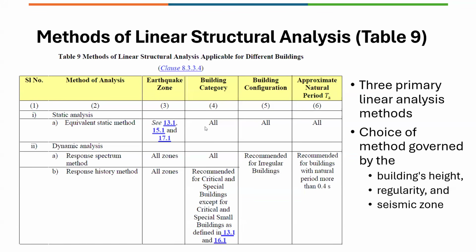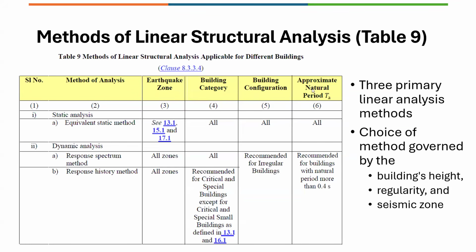And based on building category, you have the special and critical sections requiring response history method. And if you take the building configuration, any irregular buildings require the dynamic analysis, either response spectrum or response history analysis.